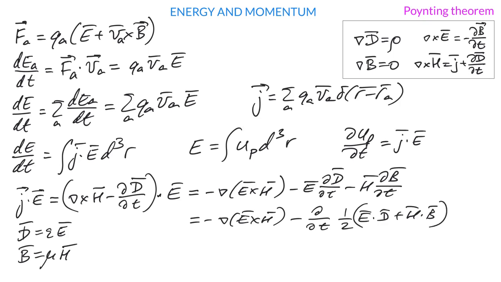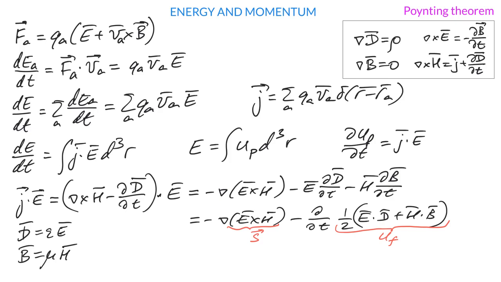We can now interpret this equation in the following way. We can introduce the notation for this quantity as u sub f and interpret this as the energy density of the electromagnetic field. And the E cross H vector, let's call it S, is called the Poynting vector, and we can interpret this as the vector showing the flux of the electromagnetic field energy.